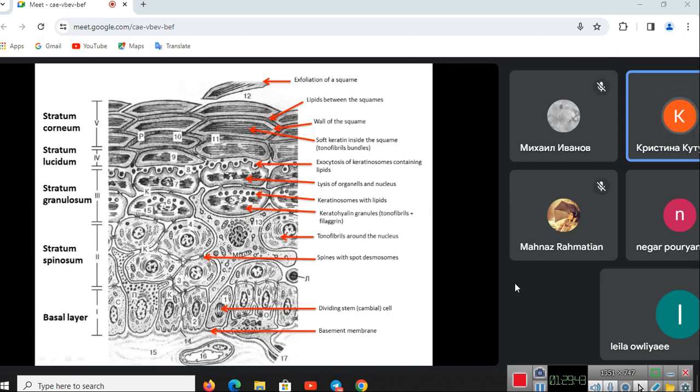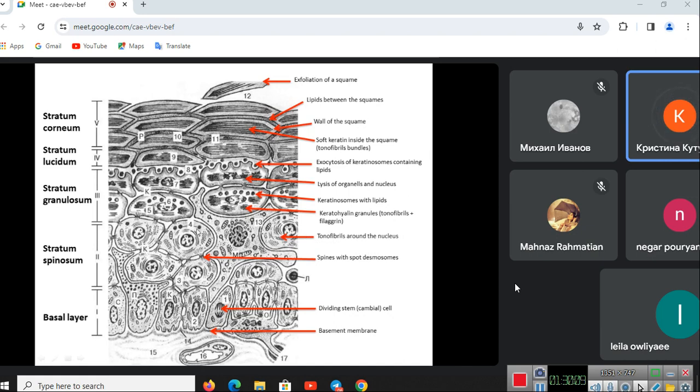Next, when the cell becomes mature and next it ages and dies, it goes constantly upwards. So next, the tonofilaments, intermediate filaments, stick together to make more thick structures, which are called tonofibrils.